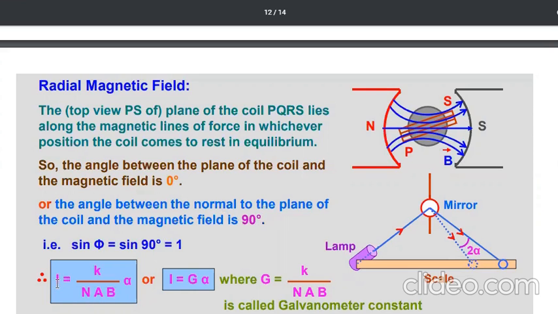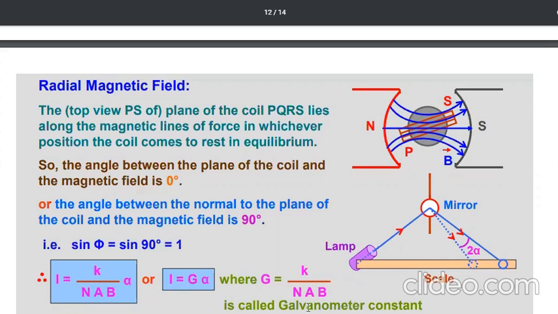So here current is inversely proportional to the number of turns in the coil, inversely proportional to the area of the coil, inversely proportional to the magnetic field, radial magnetic field, and directly proportional to the twisting angle. So here we can say I equal to G alpha, where G equal to K upon N A B, and this G is called the galvanometer constant.